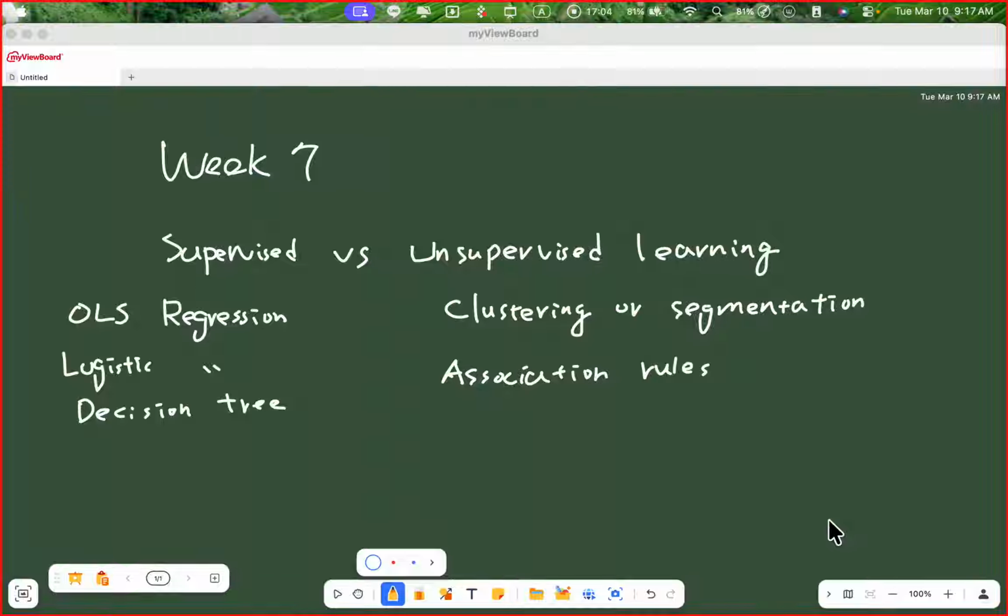Next, take the first line as an example. First regression line, first model.